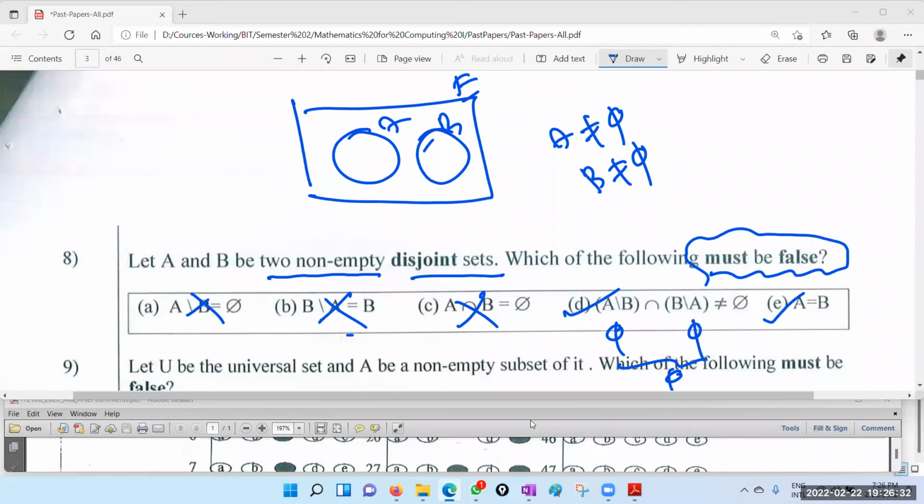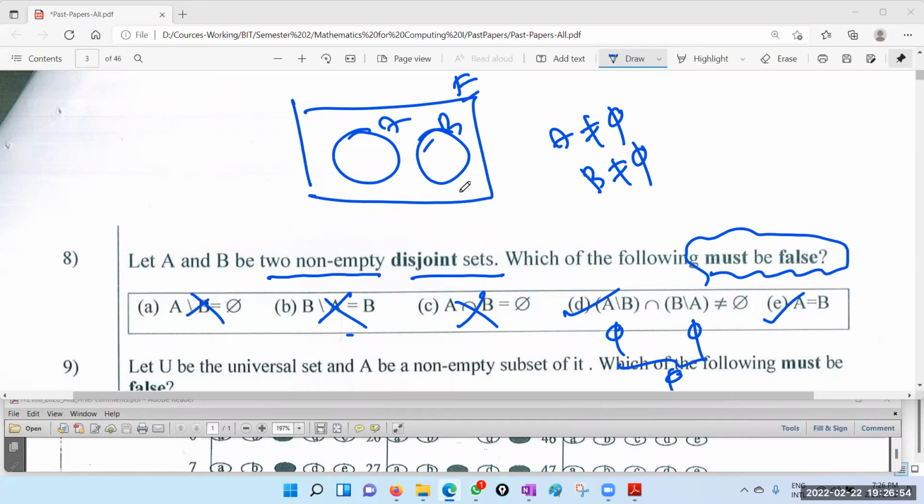No, must be false is not the same as can be false. Can be false and must be false are two different things. Can be false means there is a possibility of that happening. Must be false means there's no way it cannot happen. It's always false. So completely two different concepts.